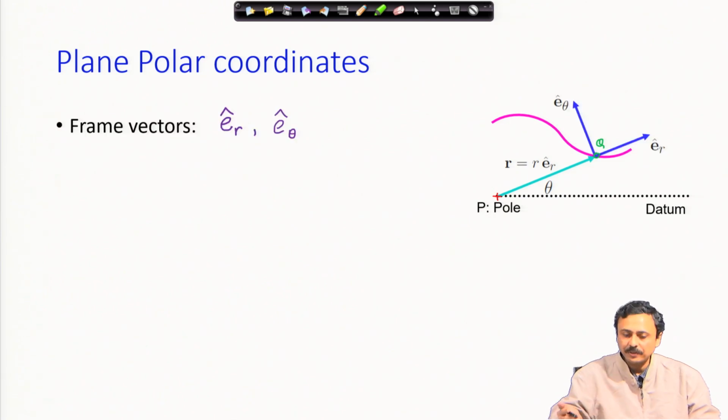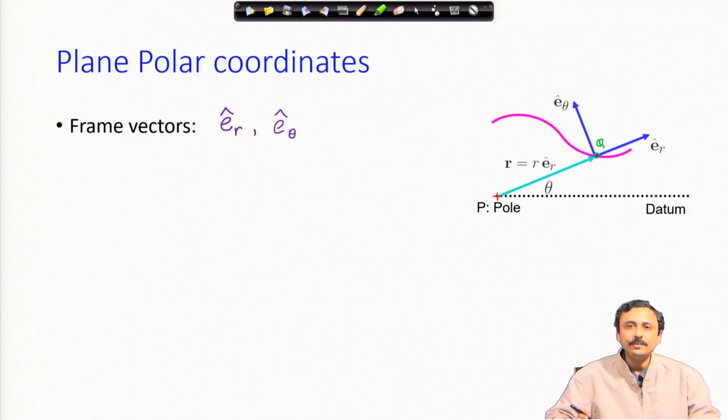Now, direction, how do I fix up the directions? Er is a unit vector along this radial direction from the pole to the particle, and Er, you notice, is directed towards increasing r, increasing radial distance from the pole. So, Er is in the direction of increasing r.